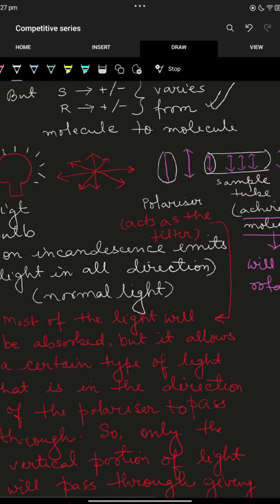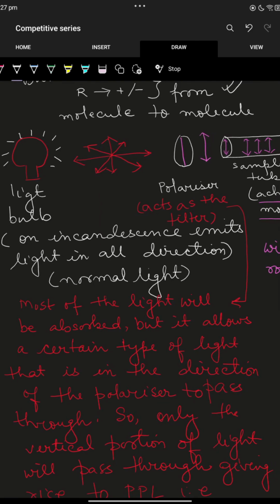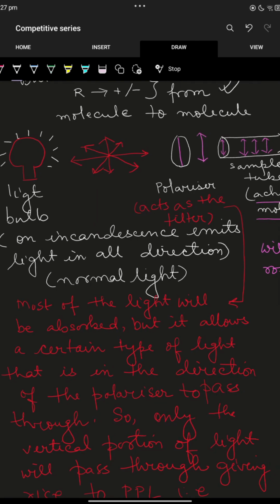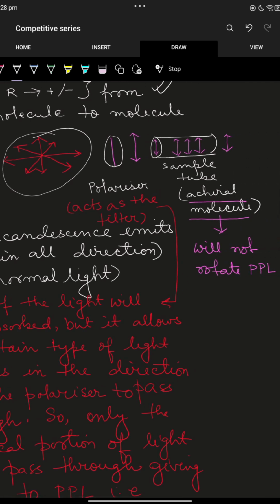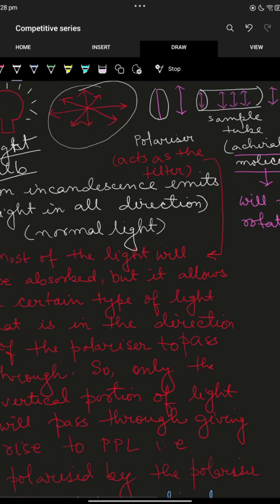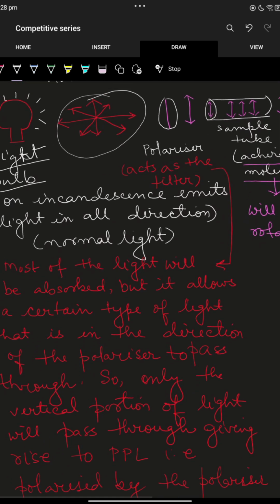Now, this optical behavior is shown here. On the left hand side, I have drawn a light bulb. On incandescence, when you light it up, it emits light in all directions. That is the normal light. If you pass it through a polarizer, most of the light gets absorbed.